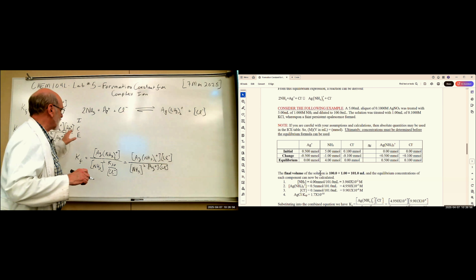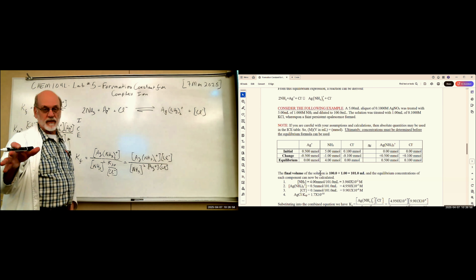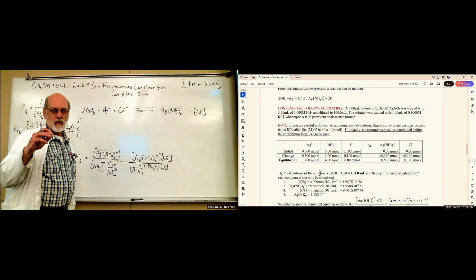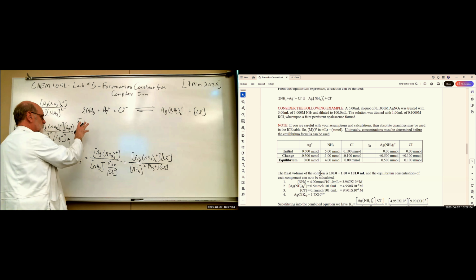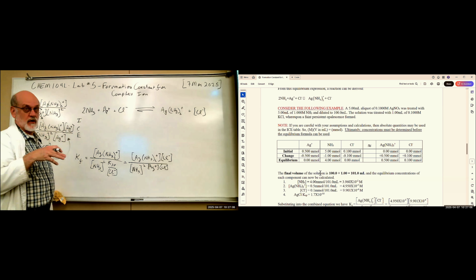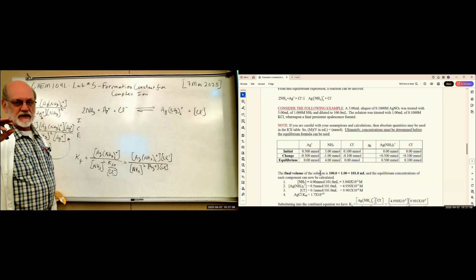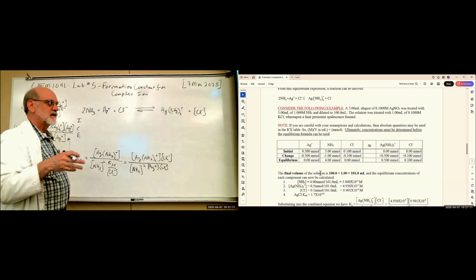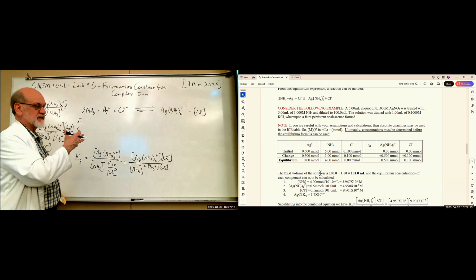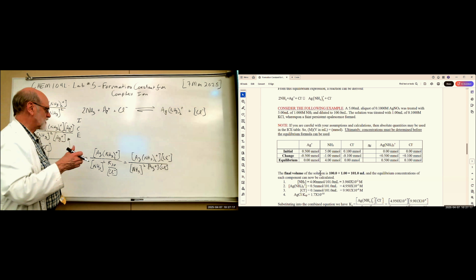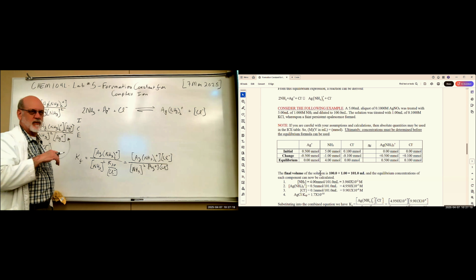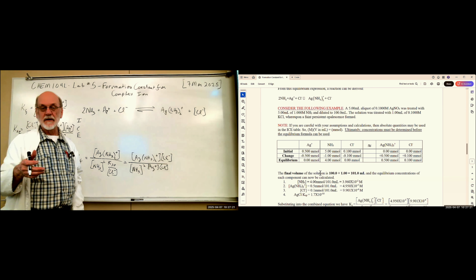All right, so when we start out in this example, we're going to use this expression to determine what our equilibrium values are. But it's more convenient to use absolute values at this time rather than concentrations. So it's not, strictly speaking, an ice table because we're not using concentrations.